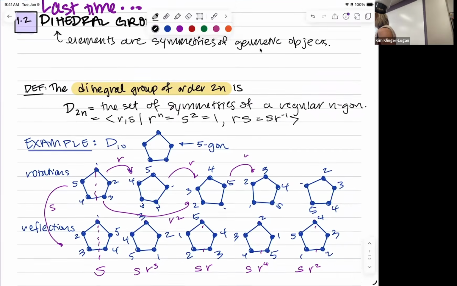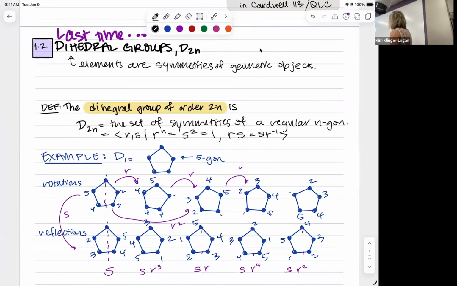We talked about the dihedral group as an example of a group, which were the symmetries of a regular n-gon. And we said it has this nice representation where it's generated by two elements, R and S, that obey these relations.